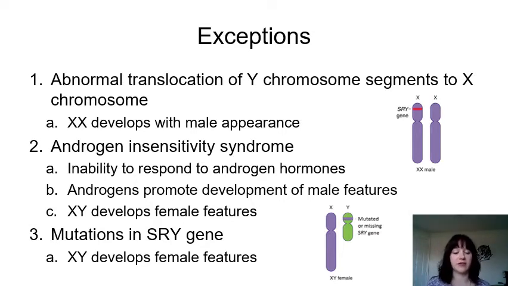In this individual that has the mutation for that receptor, the cells cannot accept that androgen hormone. So even though those cells are being told to have male features, they can't hear it. They don't have the receptor. And so in this case, the individual is XY but will develop female features, because when these androgen hormones are produced, the cells are not affected.